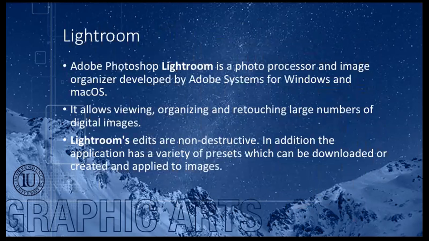So for instance, if you took a picture of a scene with a model in it and you didn't like the background and you wanted to take the background out and put a new background in, then you would use your selection tools and composite a new background in it. And this background, either you could take if you have a better background, or you can find a better background through pixabay.com.